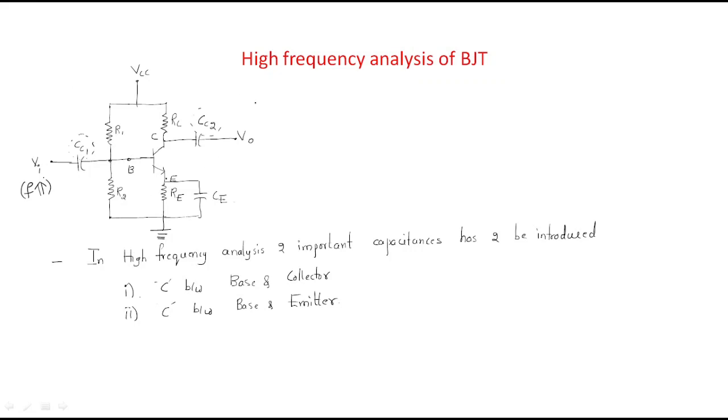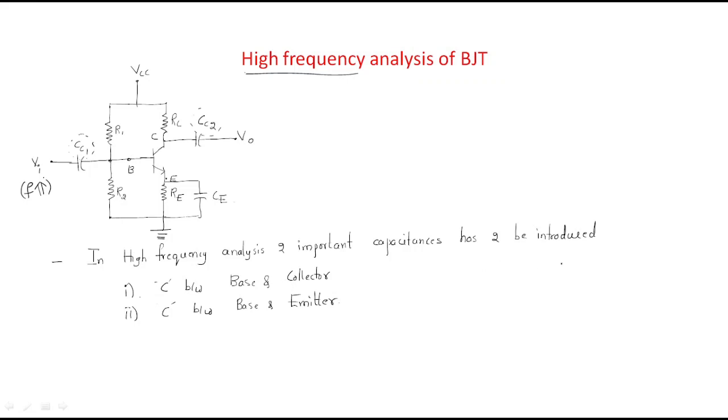So here we need to do the high frequency analysis. For that purpose, in high frequency analysis, two important capacitances have to be introduced. One is the capacitance between the base and collector. Why will these capacitances be included?